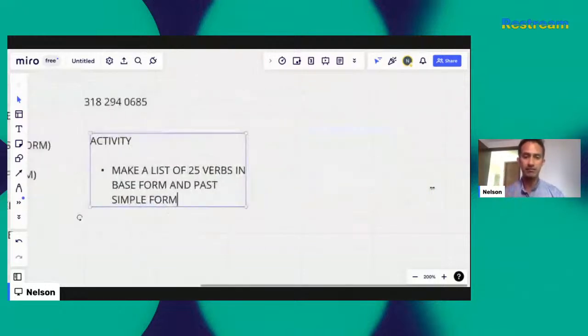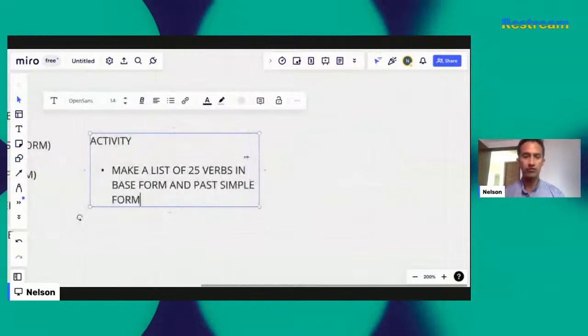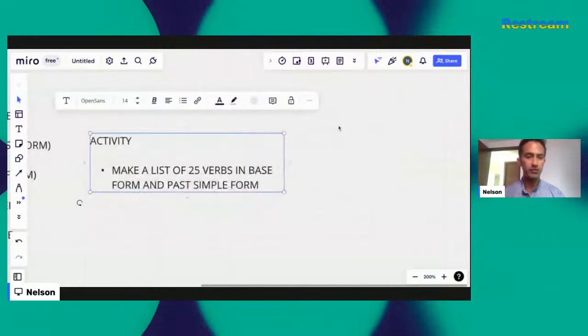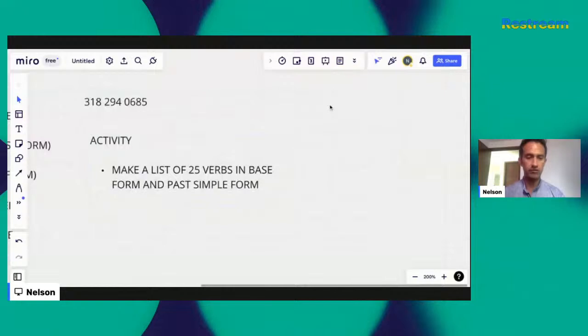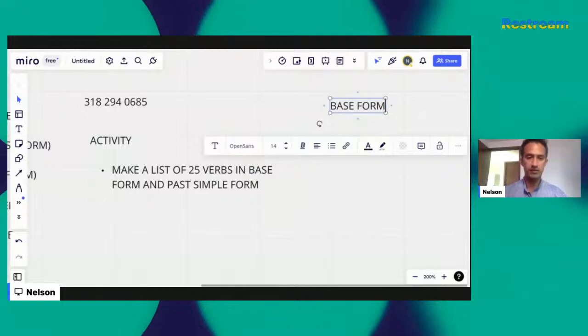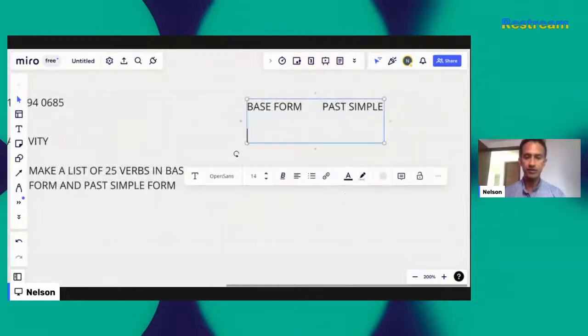I'm going to give you an example. So, for example, you start your list and you have the two columns. You have base form and past simple form. So let's say that you start with the verb to be. So you say be, and then the past simple is was and were.